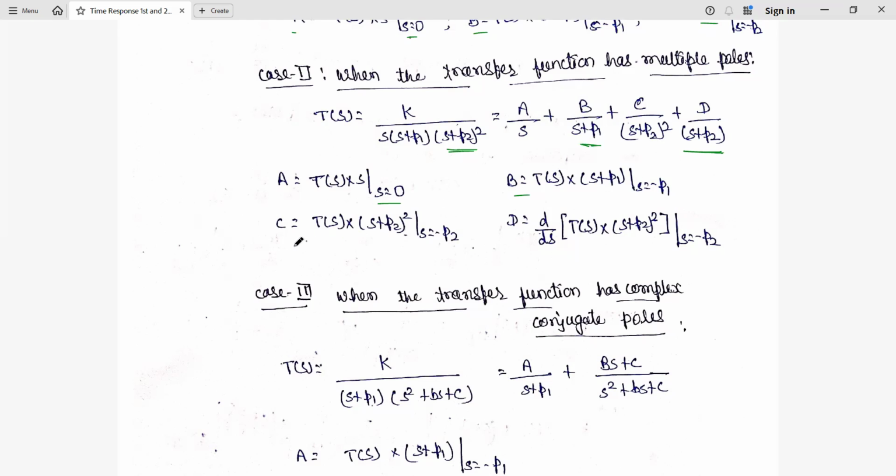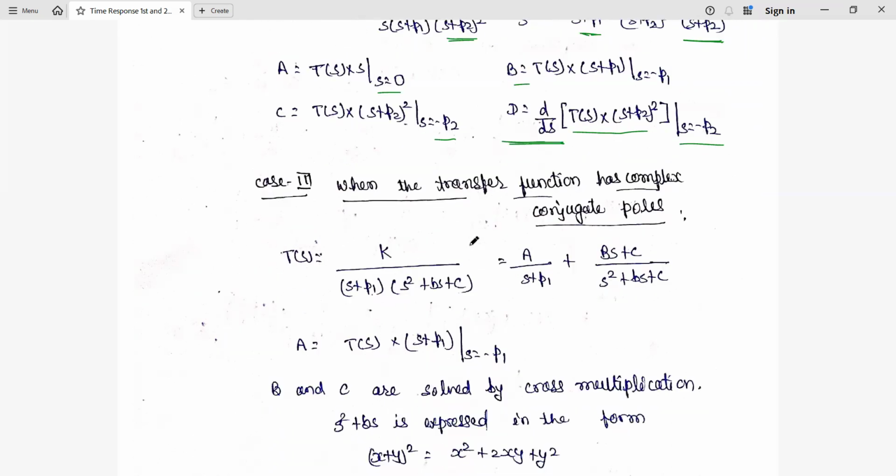C is again multiplied by what is in the denominator, and we substitute s equal to minus p2. Whereas to obtain the value of d, the transfer function is multiplied by s plus p2 whole square, then it is differentiated with respect to s, and then we substitute s equal to minus p2. You should be careful at this point when obtaining the value of d.